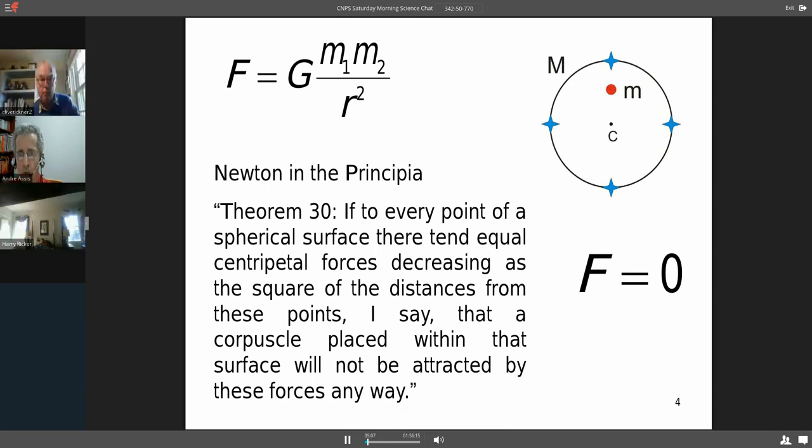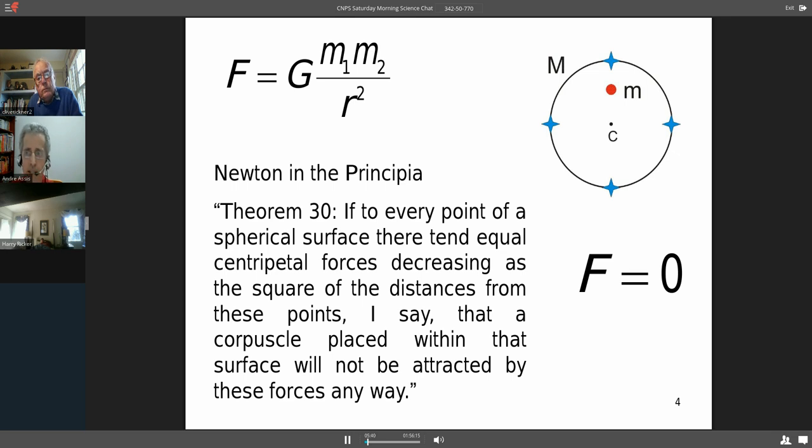These are Newton's words: if to every point of a spherical surface there tend equal centripetal forces decreasing as the square of the distances from these points, then, I say, a corpuscle placed within that surface will not be attracted by these forces anyway.